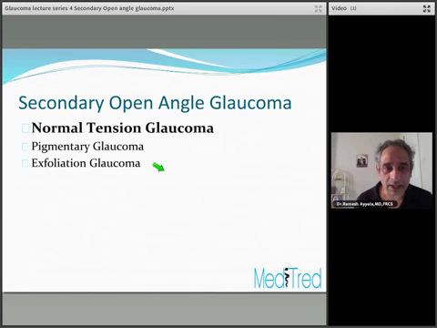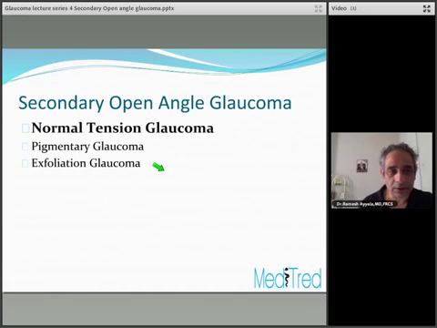They also have open angles, as the title tells you. But we believe that these are distinct and different from primary open-angle glaucoma and need to be discussed. So when patients with these variations of open-angle glaucoma present to your clinic, you have the knowledge to identify them and treat them appropriately.